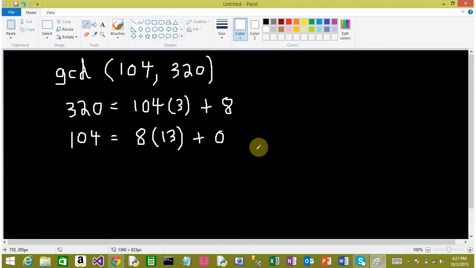So actually that one was pretty easy. We actually got the same number we did last time, which was 8. So that's our answer: the GCD of 104 and 320 is 8.